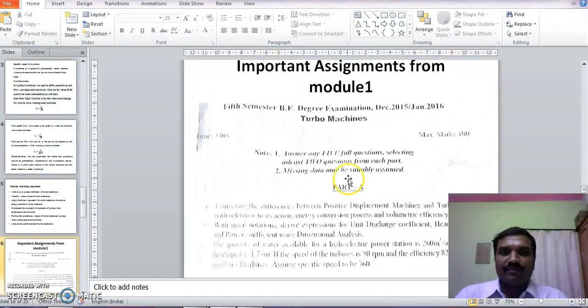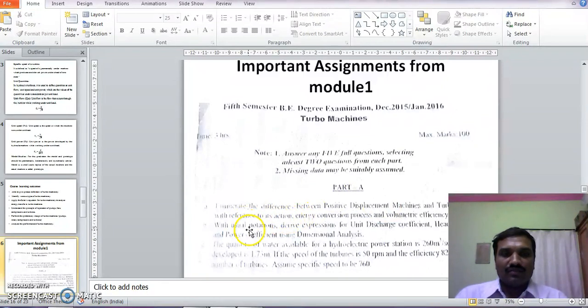So I referred to many previous year question papers. Normally they will ask common questions, that is, the difference between positive displacement machines and turbomachines. It is always a common question in any question paper.